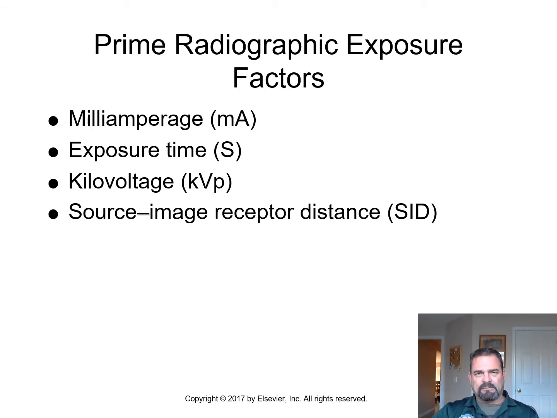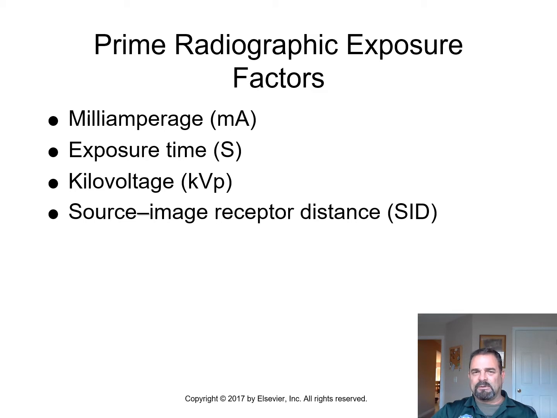All right, so here are the prime radiographic exposure factors. Milliamperage, mA, controls radiographic density and controls the quantity of the X-rays produced. It is controlled by adjusting the mA, and the quantity of the exposure is directly proportional to mA. The exposure time is represented in seconds, otherwise mAs.